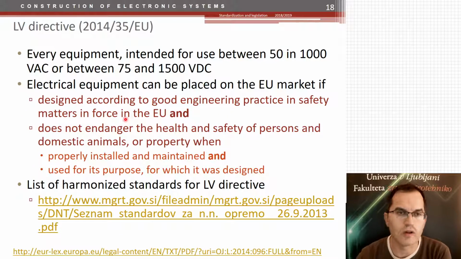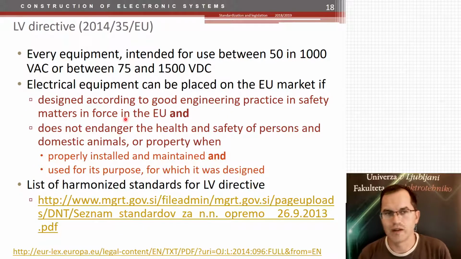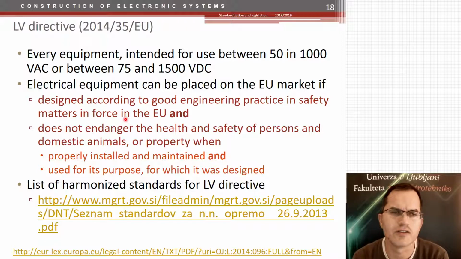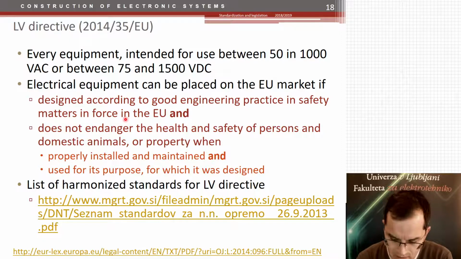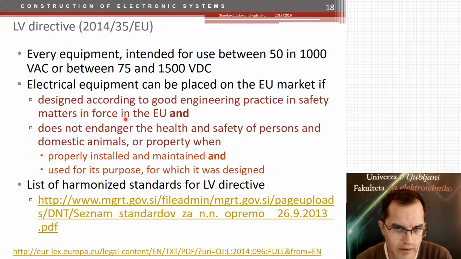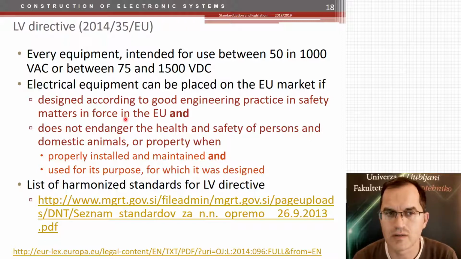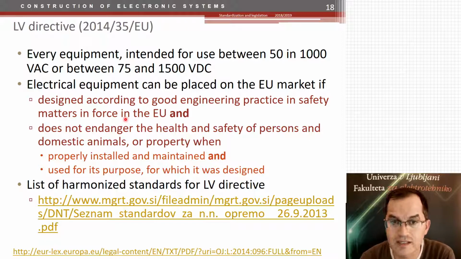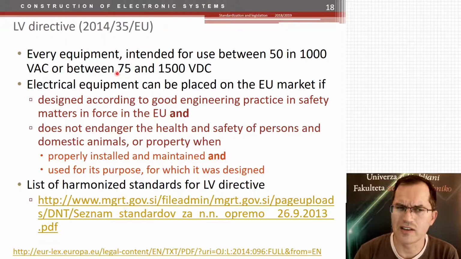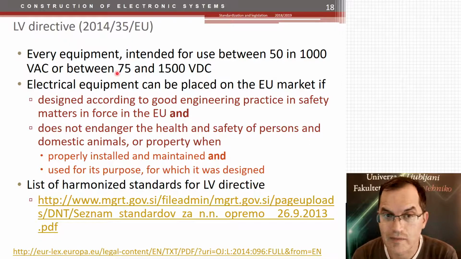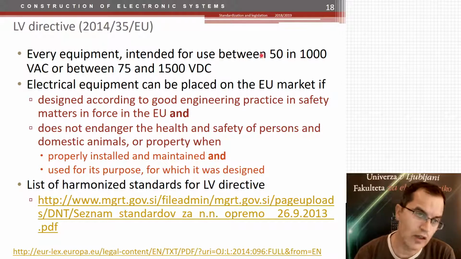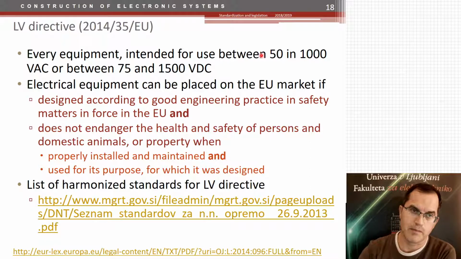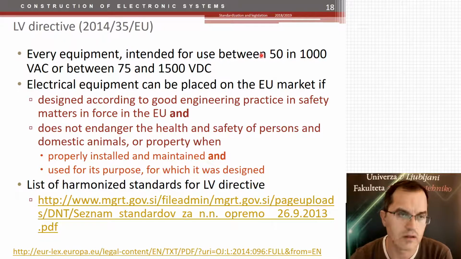Let's go to low voltage. Well, what does it mean, low voltage directive? Low voltage is everything between 50 and 1000 volts AC and 75 and 1500 volts DC. So low voltage is not actually so low as you might think, because what we would think of as low voltage would be below 50, but that's extra low voltage.